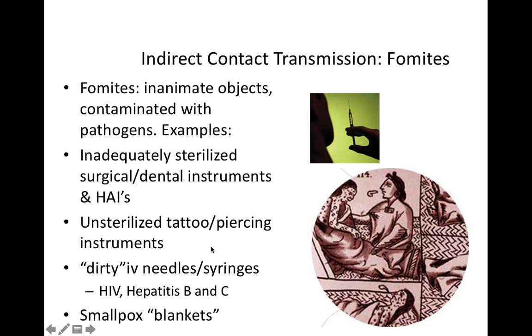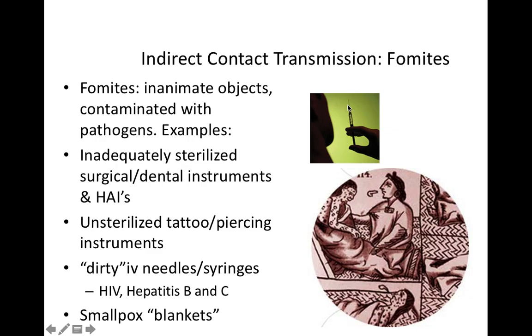If you're getting tattoos or piercings, make doggone sure that the artist is using sterilized instruments. Dirty IV needles and syringes: when folks using IV drugs don't have access to clean, sterile needles and syringes, they share them, so they become contaminated with bloodborne pathogens like HIV, hepatitis B and C. So needles and syringes are incredibly powerful fomites.